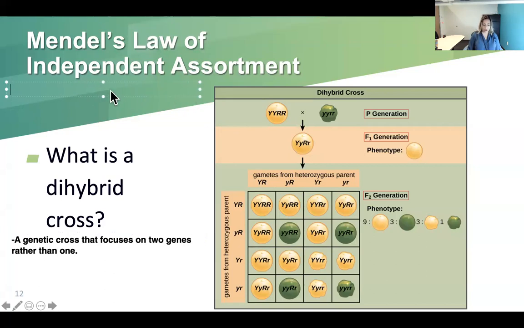For this cross, gene 1 is seed color, and you have yellow or green. For seed color, there are two alleles: big Y equals yellow, little y equals green.